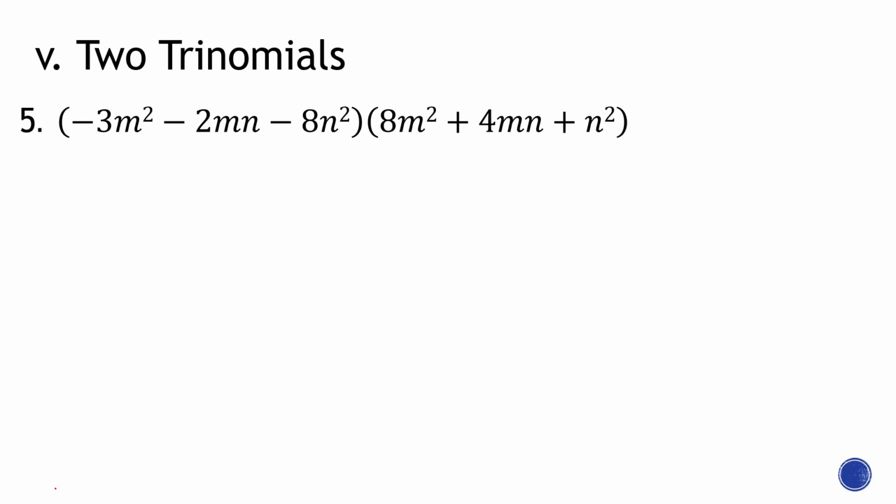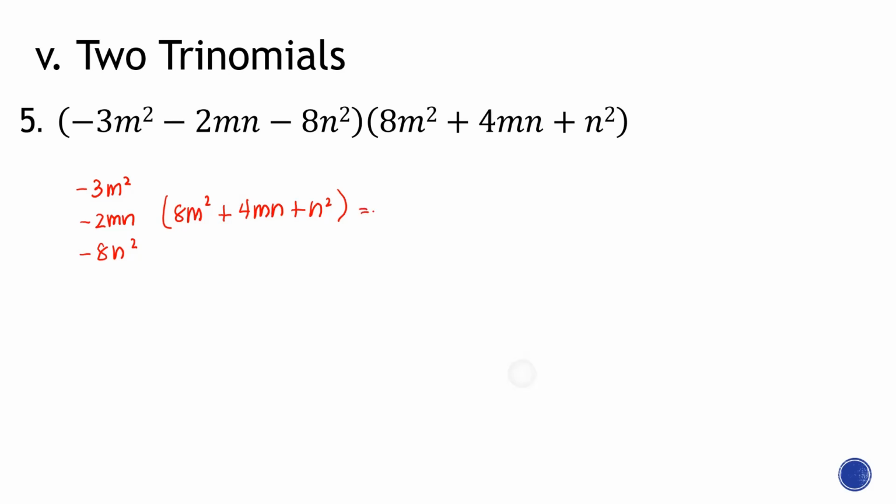So this is going to be negative 3m squared minus 2mn minus 8n squared. Multiply by 8m squared plus 4mn plus n squared. Let's check everything first.